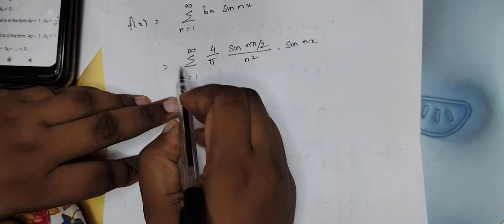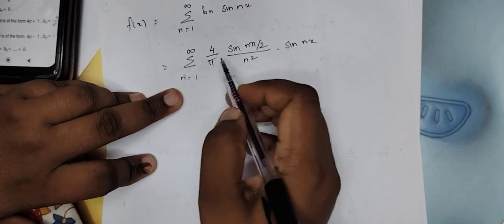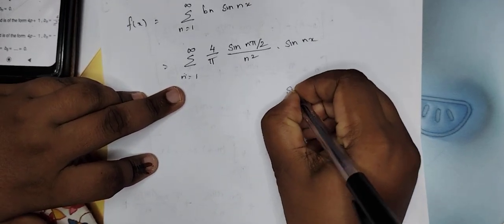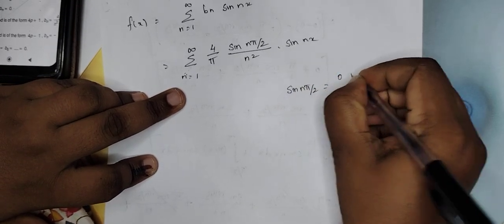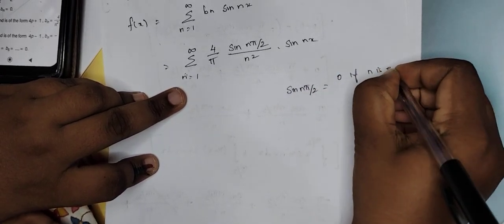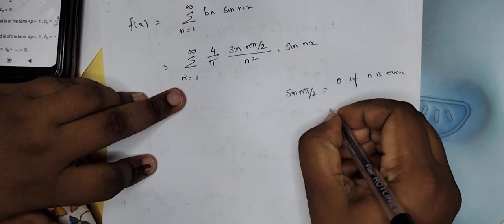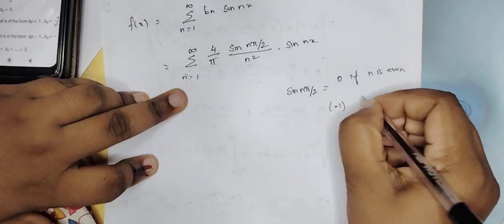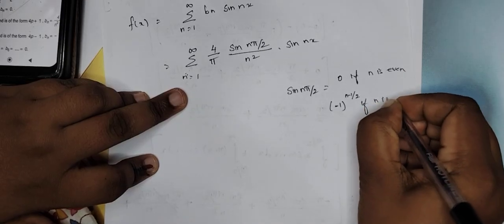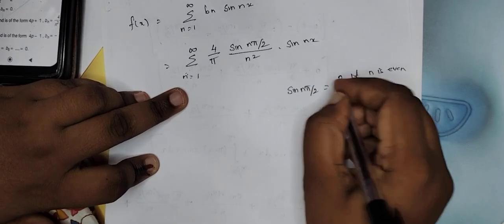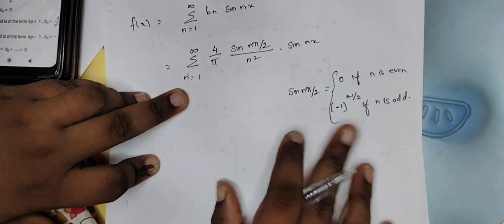Now what I'm going to do is substitute n = 1, 2, like that. We need to know that sin(nπ/2) is 0 if n is even, and (-1)^((n-1)/2) if n is odd. This is the condition of sin(nπ/2).